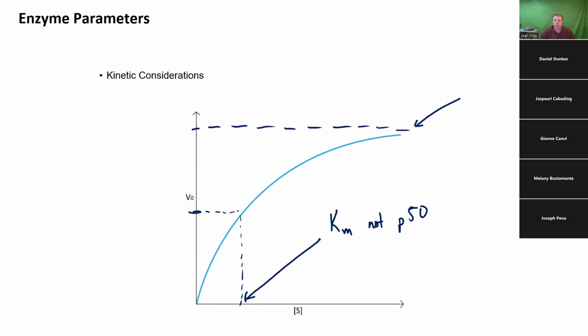What's that also known as? Top speed. Okay. You could also call this your top speed or your Vmax, your maximum velocity. So this is your Vmax and not your saturation point.